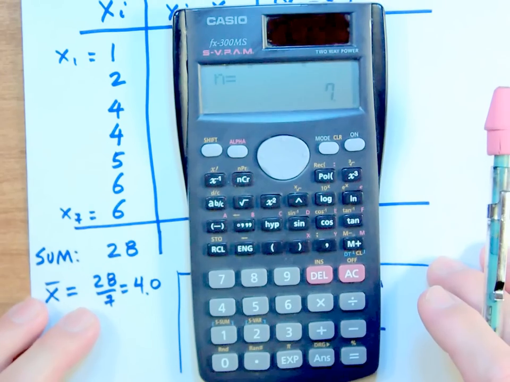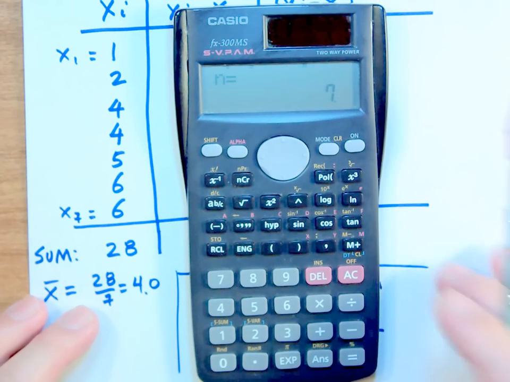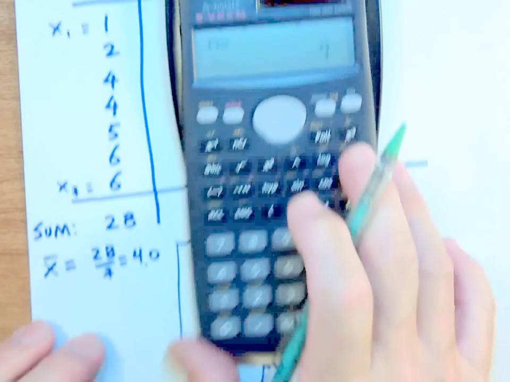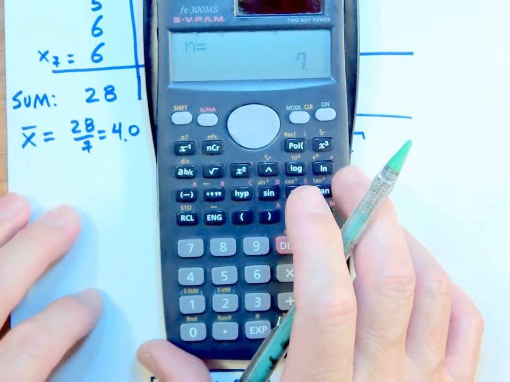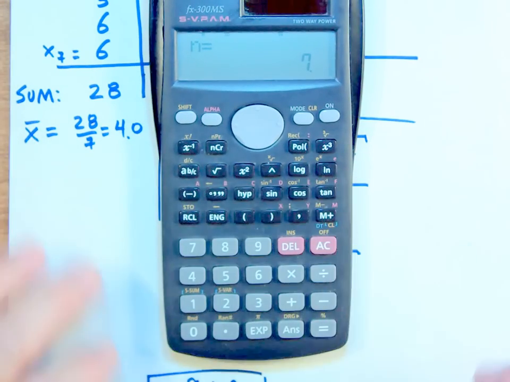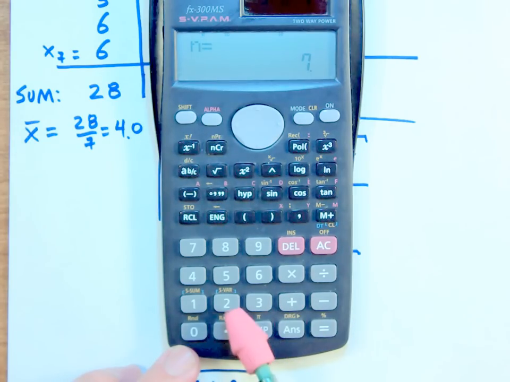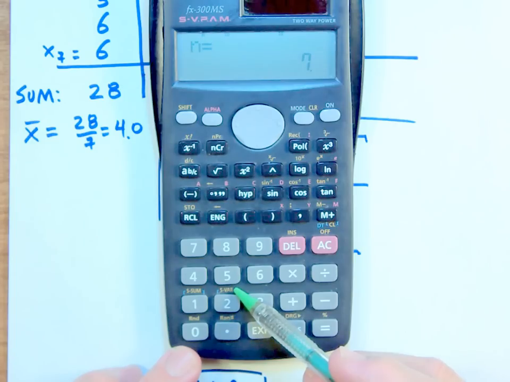Now we have to tell the calculator to compute the sample mean and sample standard deviation. We found our sample mean to be 4.0. To get all the statistics variables, you see this second function of 2, that's SVAR, which means statistics variable.